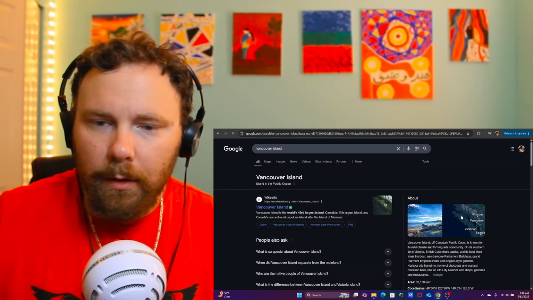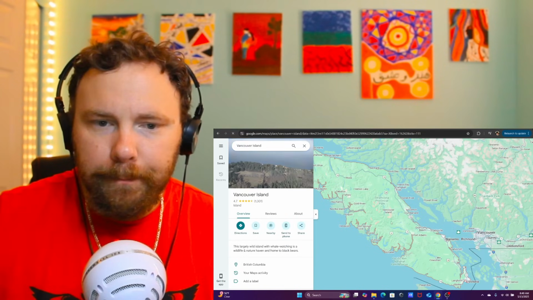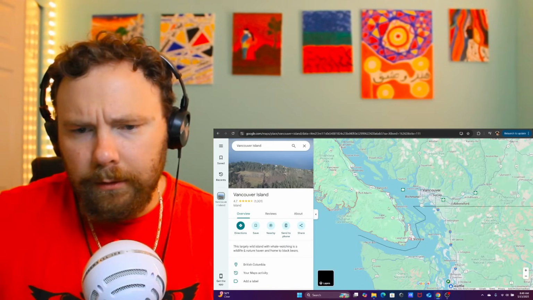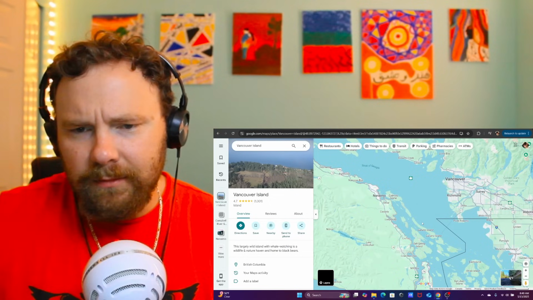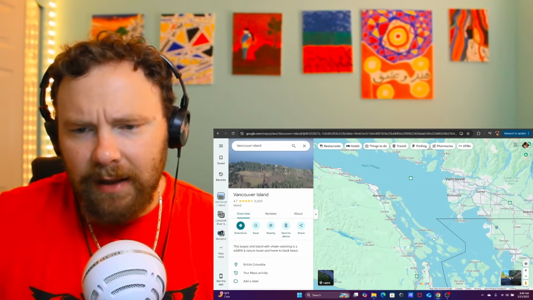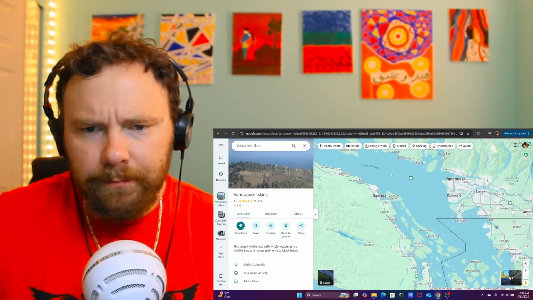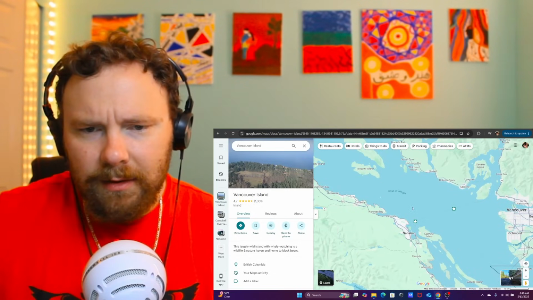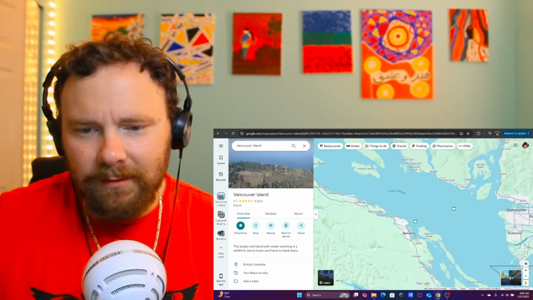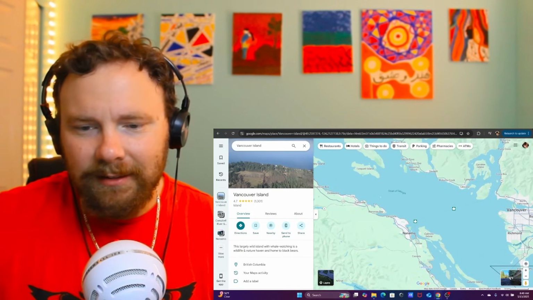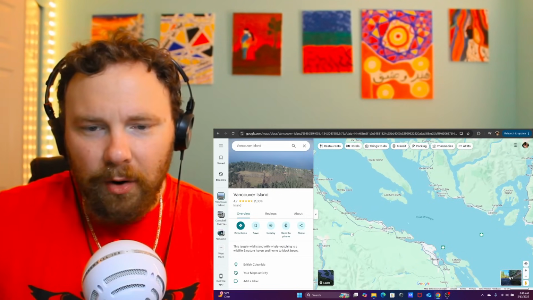But if we just look at Vancouver Island on a map, let's see here, you'll see it's interesting always looking at names. Galliano Island, Salt Spring, Gabriola. But then you get more English names on this side. Cassidy, Ladysmith, Parksville.